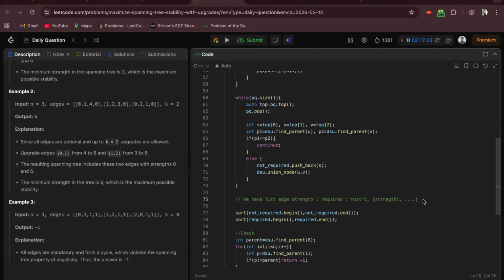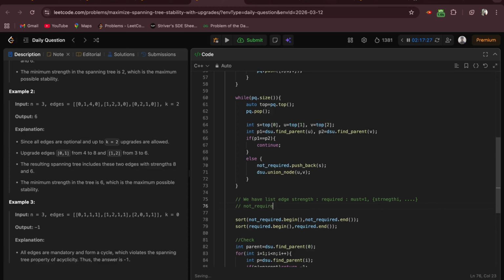The second one is not required, so that will be must is equal to 0, and we had an option to choose or not choose, and we took all those. So we also have strength j0, strength j1, like that.